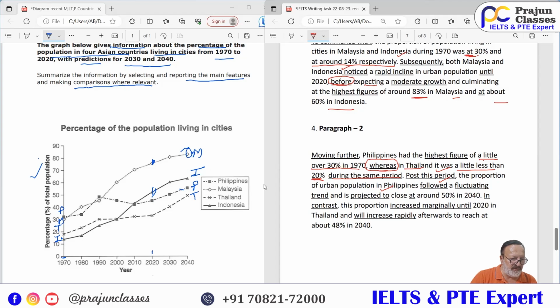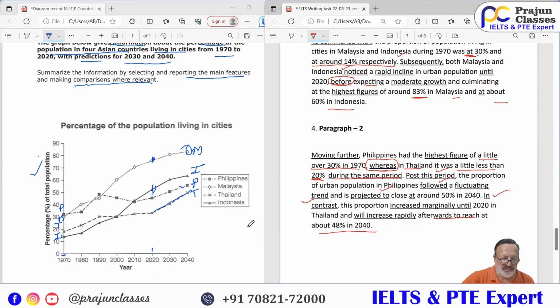In contrast, this is a nice linker, in contrast, this proportion increased marginally until 2020. So there was a difference. There it followed a fluctuating trend. Here it increased marginally until 2020. Okay, and in Thailand it increased marginally up till here, then it will increase rapidly. So rapidly afterwards to reach about 48% in 2040.